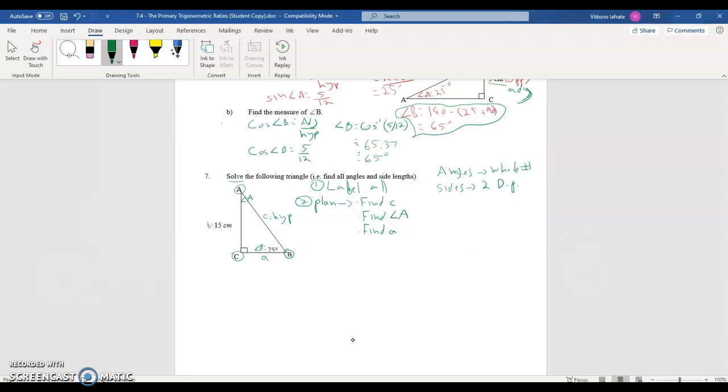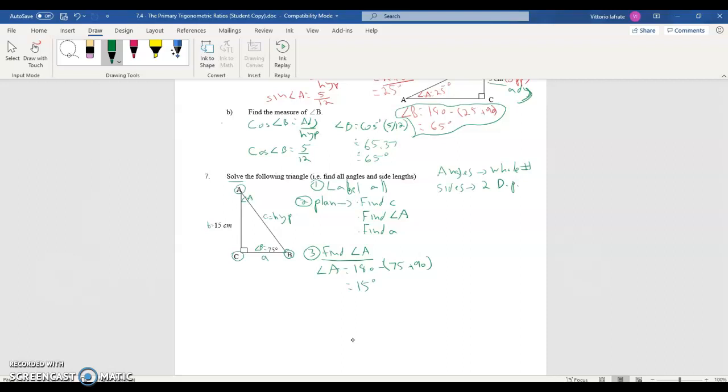So I'm going to start off with finding my angle. So let's call this step 3 here. Let's find angle A. So we know that angle A is going to be equal to 180 minus the sum of the 2 other angles, 75 plus 90, which will be equal to 15 degrees.